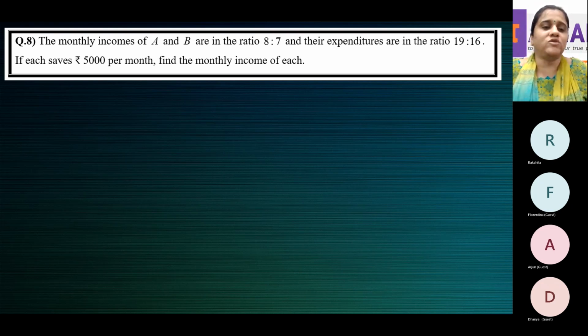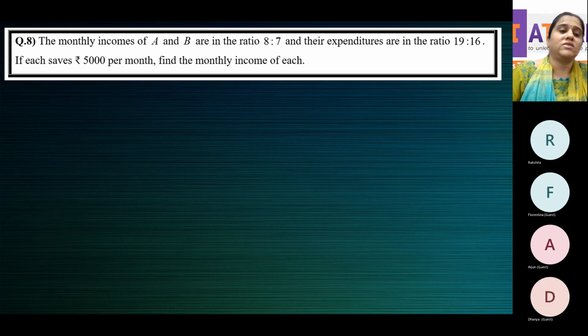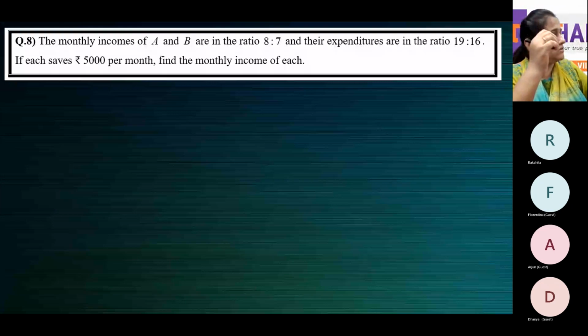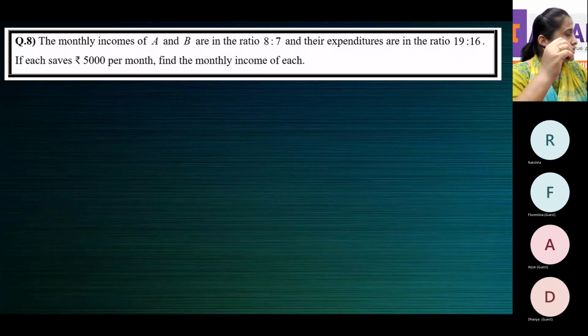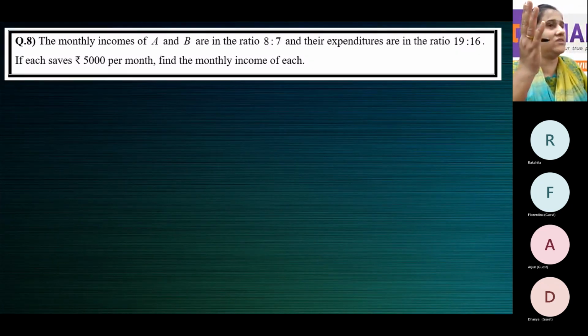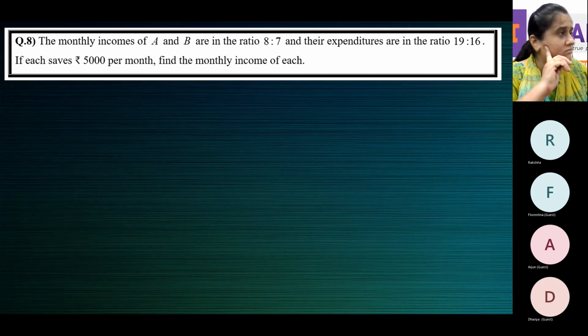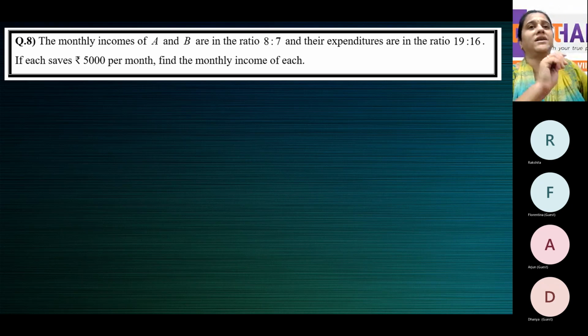Okay, the next one. The monthly incomes of A and B are in the ratio 8:7, and their expenditures are in the ratio 19:16. What is the connection between income, expenditure, and savings? Tell me an equation. Yeah, correct.